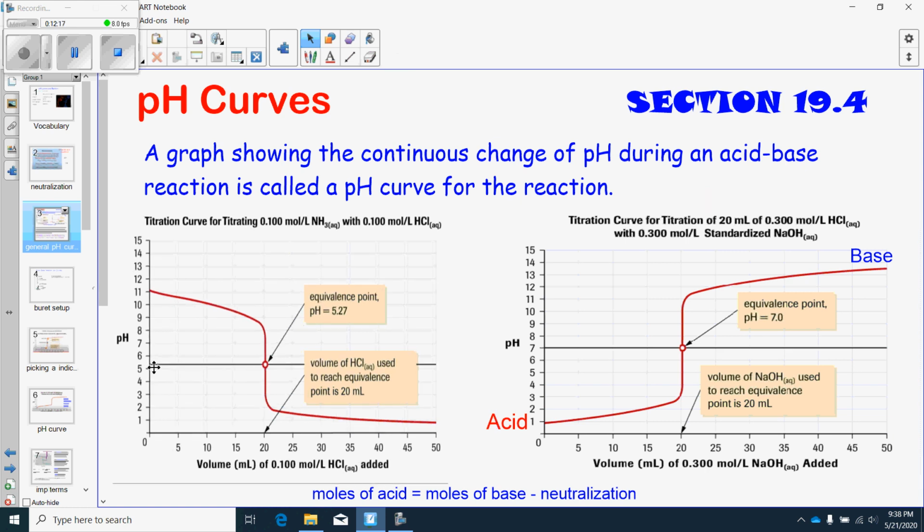The reason it's below 7 is because we were working with a weak base, but look at this. We created a really strong acid. So we added enough acid to flip the tables, and we have a very strong acid down here. So when you're working with a strong acid and a weak base, your neutralization point can be a little below 7.